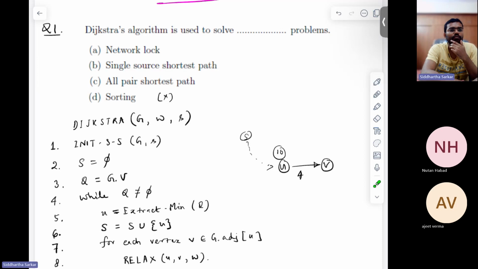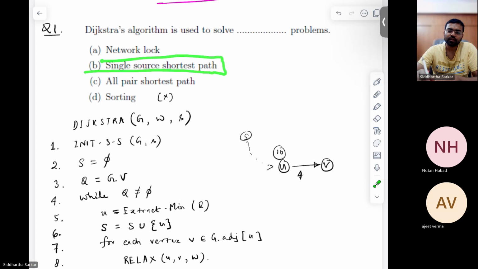You can also write in the chat box. Well, since we're still not getting responses, anyway, it's the single source shortest path problem that this algorithm is solving. This is the answer. So let's move to the next question.